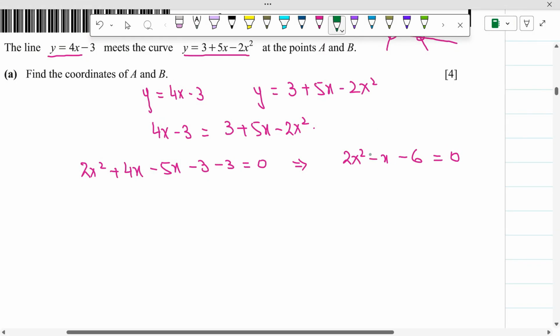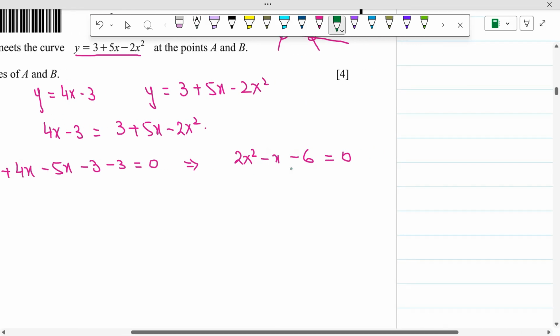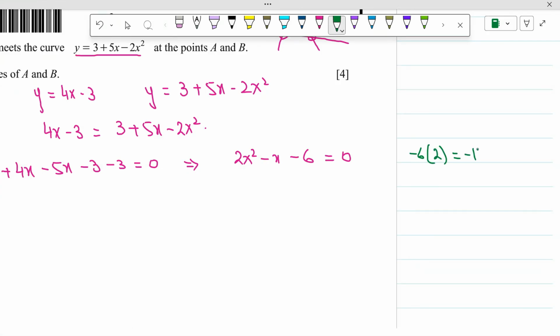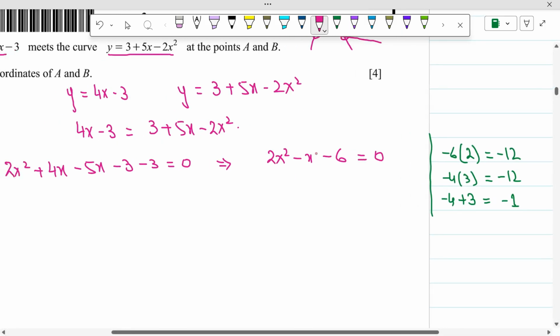This is a quadratic equation, and we can solve it by factorization. For example, negative 6 times 2 is equal to negative 12, and negative 4 times 3 is also equal to negative 12, and when we add negative 4 plus 3 we get negative 1. So we can use these numbers to factorize this quadratic equation.